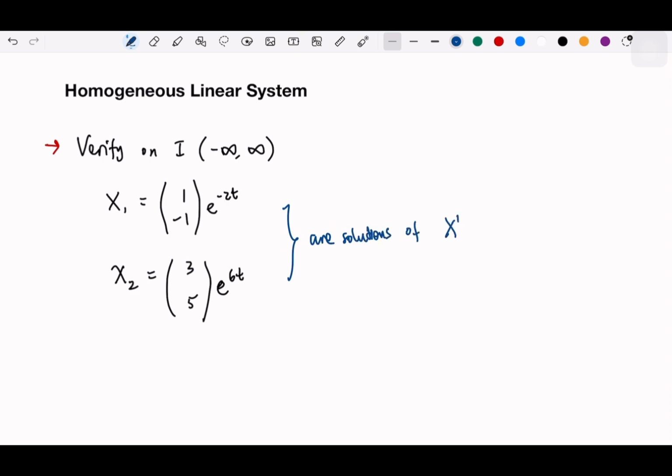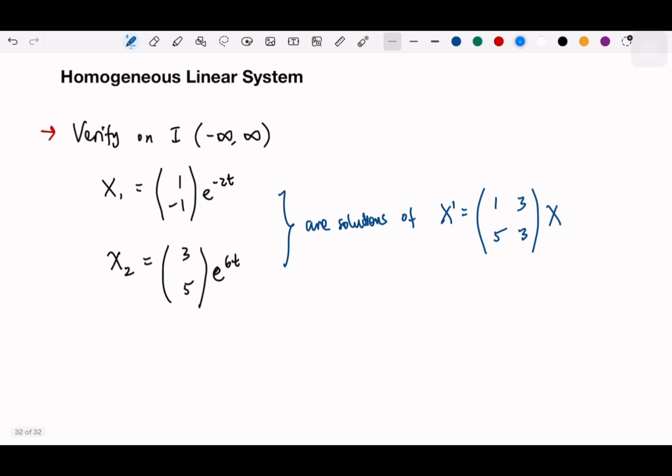Now, this is not solving a problem, we just need to verify whether these two are solutions.